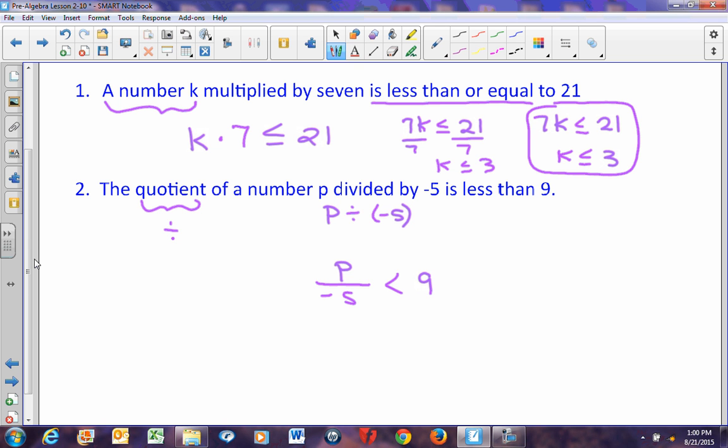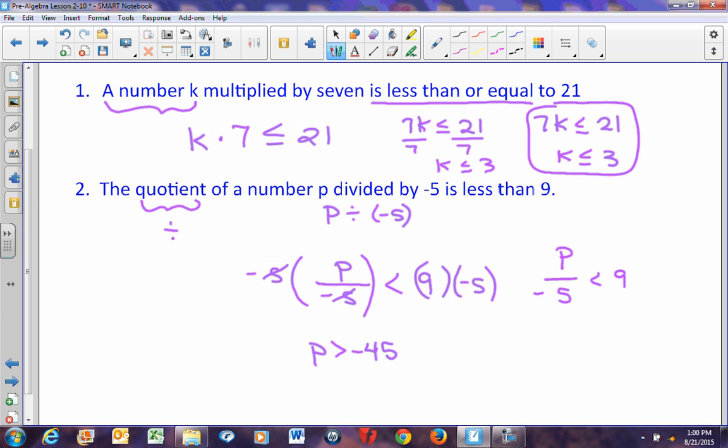To solve this, we multiply both sides by negative 5. This cancels with this, leaving me with a positive p, but since I multiplied by a negative, I have to switch my inequality symbol, and I get negative 45. So my inequality was p over negative 5 is less than 9, and the answer was p is greater than negative 45. So there's my inequality and my solution.